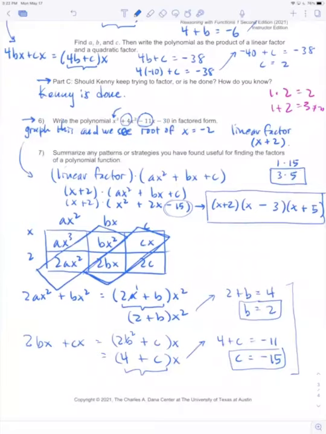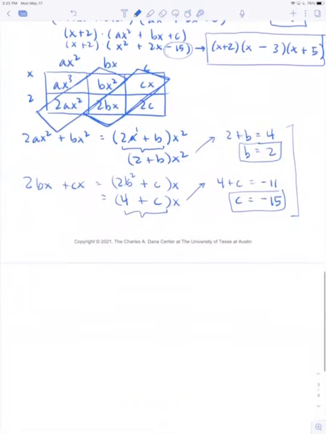And going on to number 7, so here we are at number 7, it says summarize any patterns or strategies you have found useful for finding the factors of a polynomial function. Okay, so let me just write number 7 here.